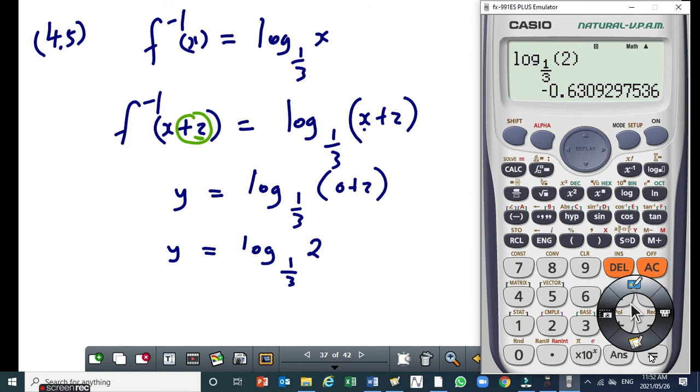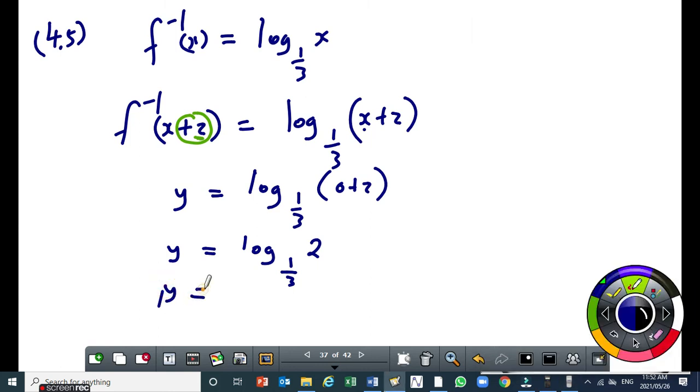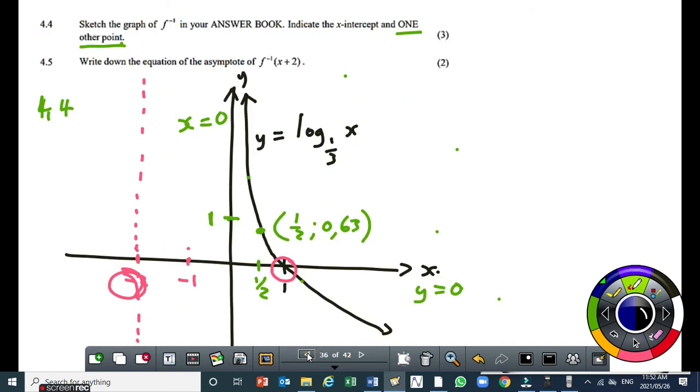Right? Are you following that? Which means the y-intercept is going to be at, okay, I'll write it down here. Now y is minus 0.63. Now, where is minus 0.63? It's going to be somewhere, well, if I put minus 1 here, minus 0.63 will be somewhere there.